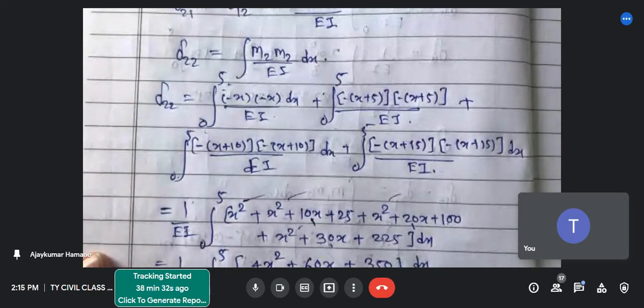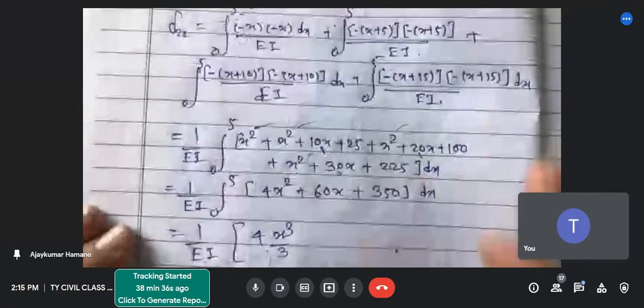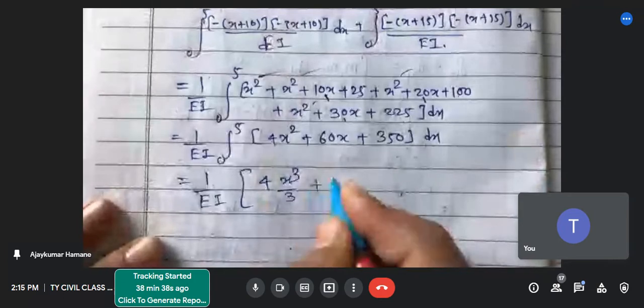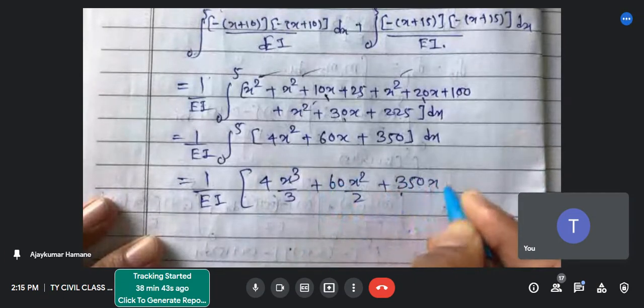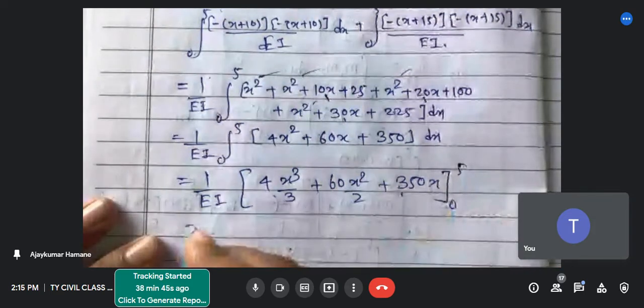So 1 by EI equals to 4x cubed divided by 3 plus 60x squared divided by 2 plus 350x, 5 to 0.